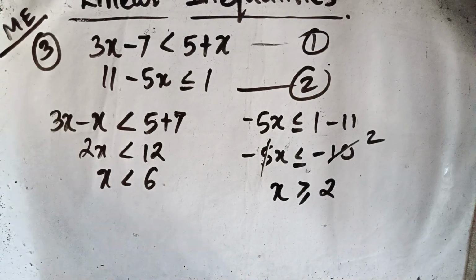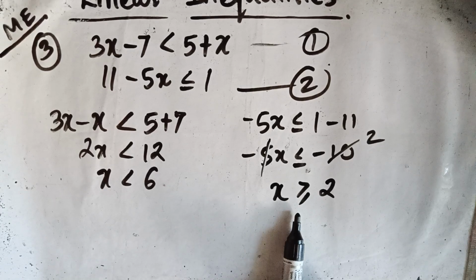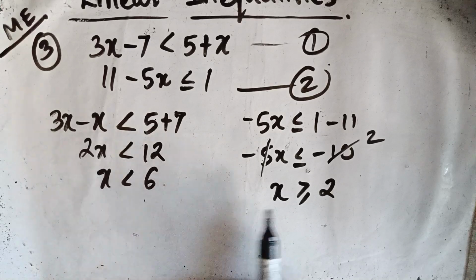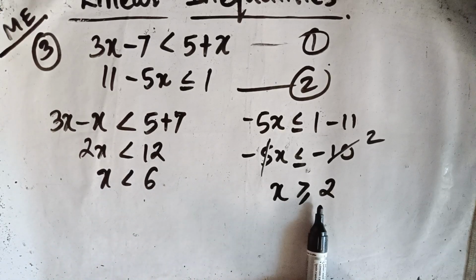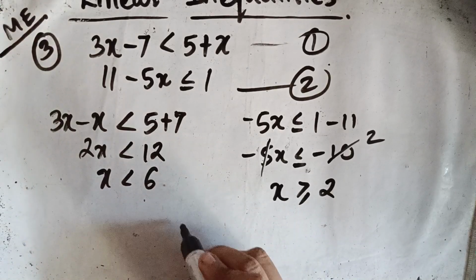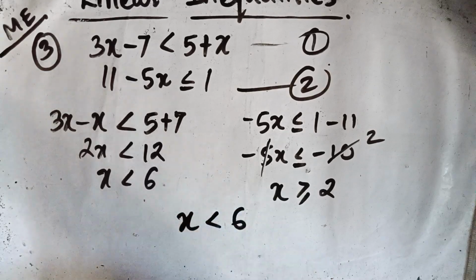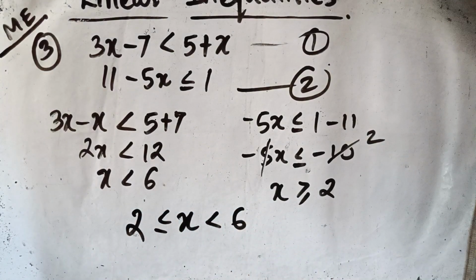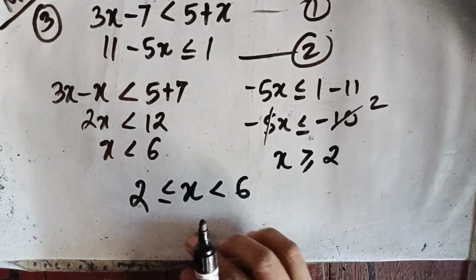Okay, so these are the two values which we are getting. x is less than 6 and x is greater than or equal to 2. So x is between 6 and 2.